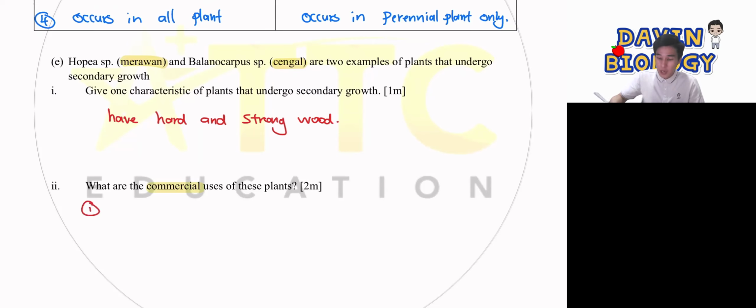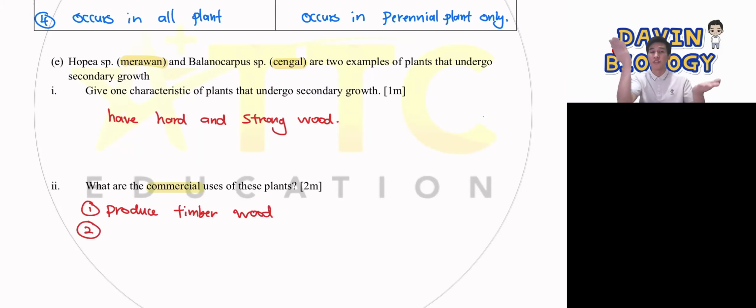So for plants that undergo secondary growth, number one, like we mentioned, wood. Wood can be used to make many things, right? So this is how you explain. You can say it's used to produce timber wood, kayu balak, 木材, three languages I mentioned already. What we use timber for, basically make, of course, furniture, paper, buildings. Some buildings are made of wood, right?